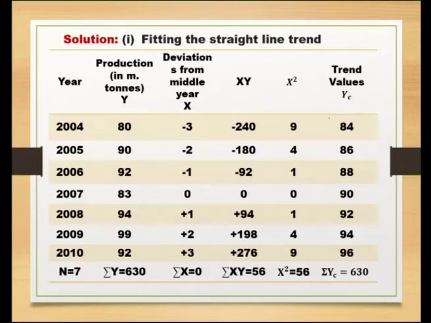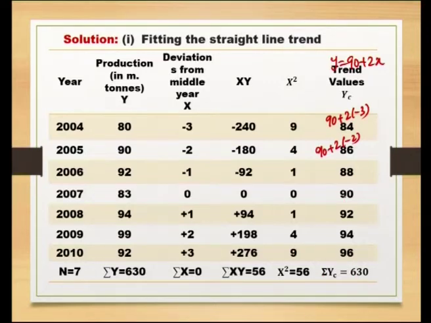Here, 90 plus 2 into minus 3, because the x value is minus 3 here, so 90 minus 6 is 84. Similarly, 90 plus 2 into minus 2 is 86, and 90 plus 2 into minus 1 is 88, and then 90 plus 2 into 0, and like that these are calculated, so that we get summation yc is equal to 630.